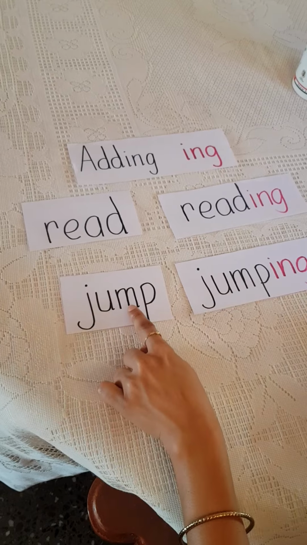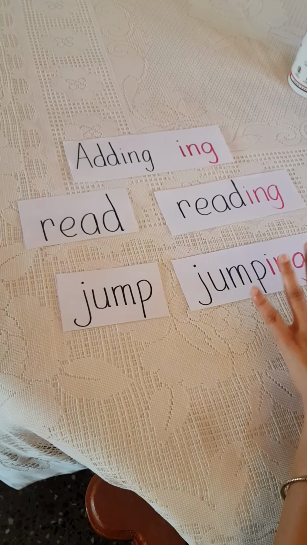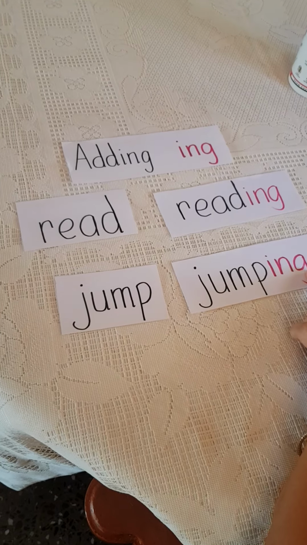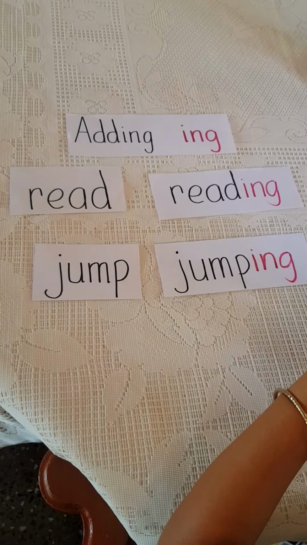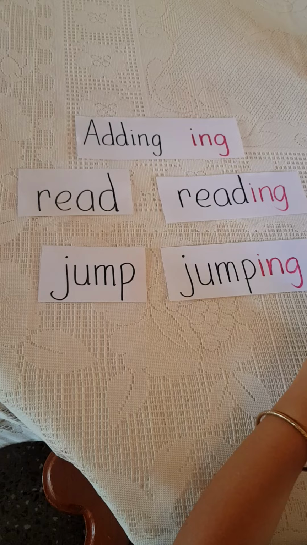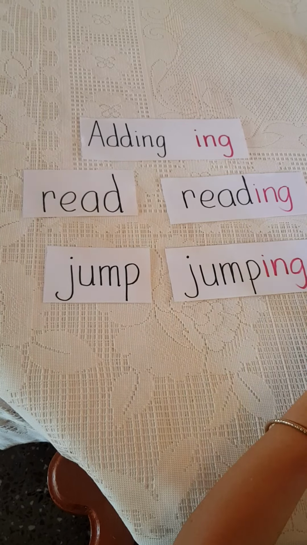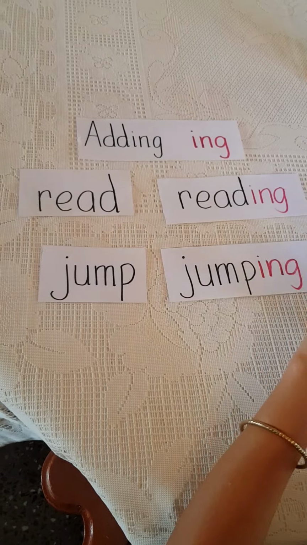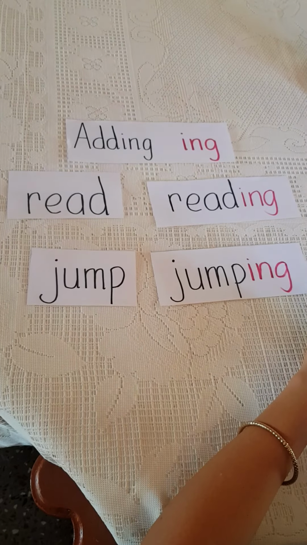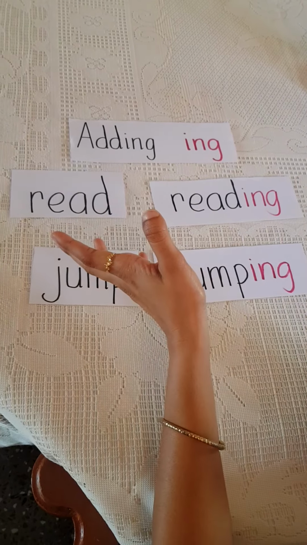Here we had the word jump, and we were able to just add the letters ing to get jumping. So when adding ing, there are some words that you can just add ing to form a new word without making any changes. That was the last lesson.